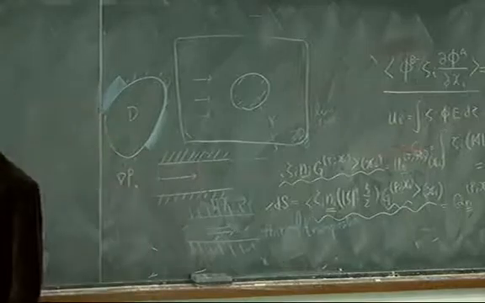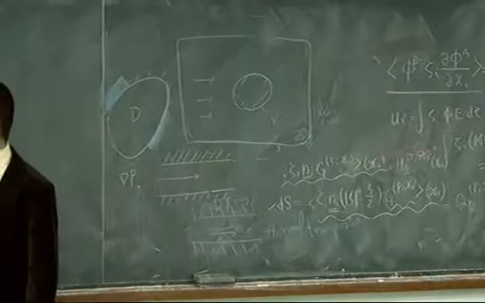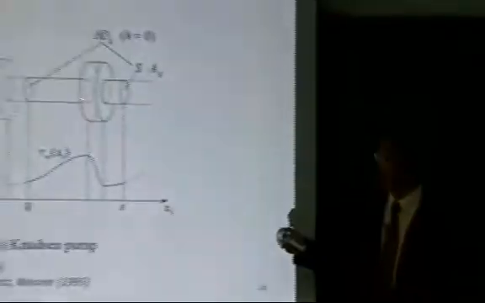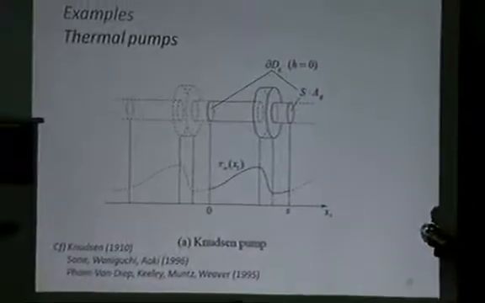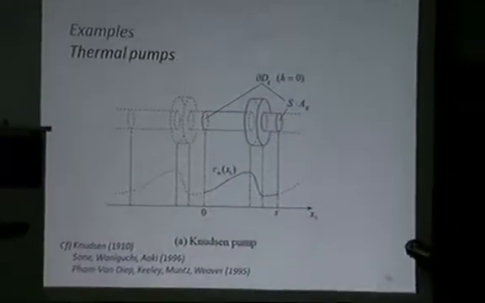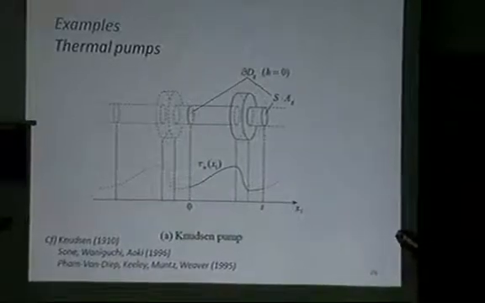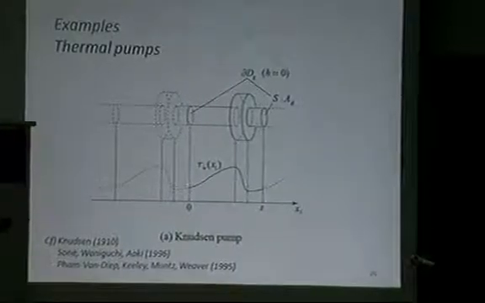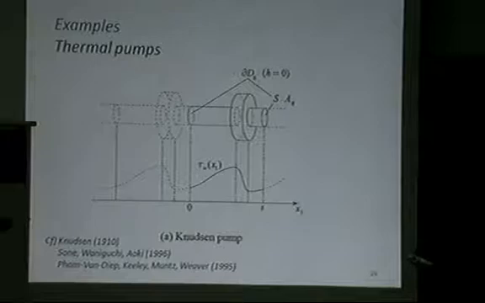Here we have a thin pipe and a thick pipe. A combination of thin pipe and thick pipe. It is a cascade system. Along this thin pipe it has a temperature distribution like this, and this part, a temperature distribution like this.